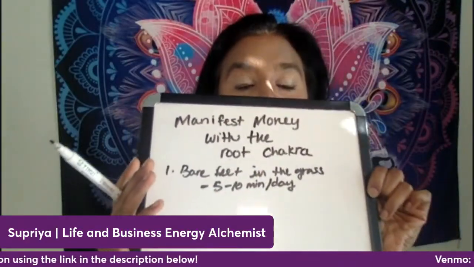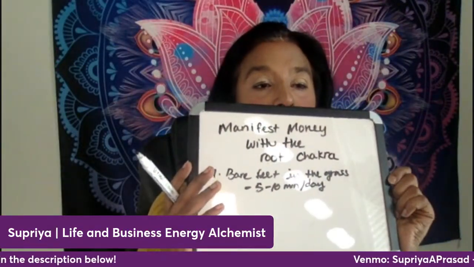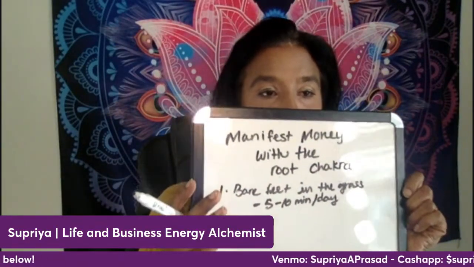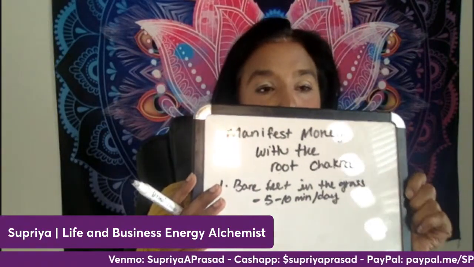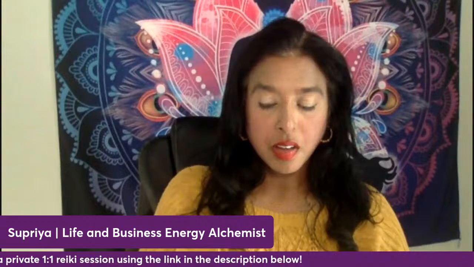Bare feet in the grass for 5 to 10 minutes every single day. Okay? All right. Next, you can also take salt baths with either Dead Sea salt or Himalayan sea salt.